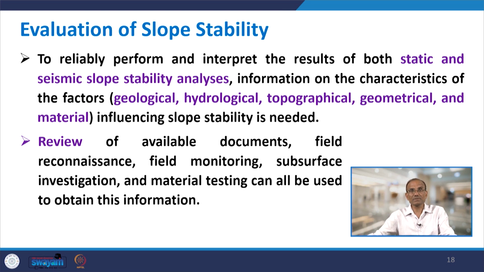They influence slope stability, and all this input is required. Review of available documents, field reconnaissance, field monitoring, subsurface investigation, and material testing can all be used to obtain this information.